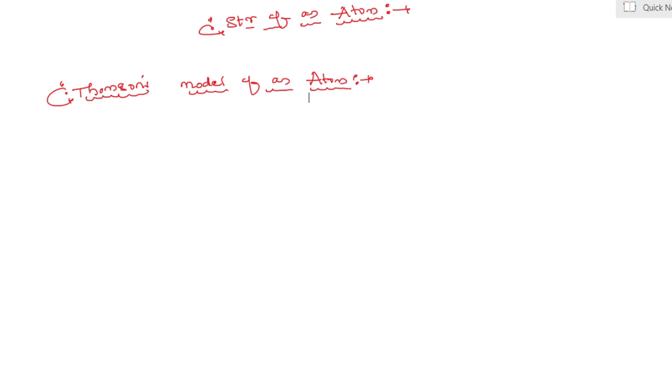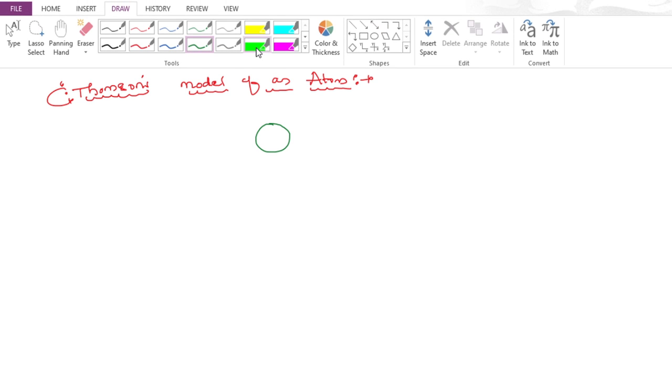It can also be compared to a watermelon, in which the positive charge in an atom is spread all over like the red edible part, while the electrons are studded in the positively charged sphere like the seeds in the watermelon. Yes, my dear students, two possible examples are given here. Take the example of a watermelon.